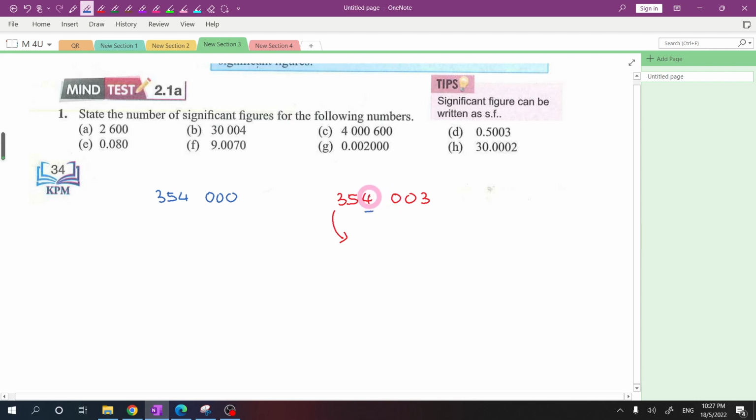This should be no problem, right? You learned it in primary school. Since this is 0, we don't have to add 1 here. The answer will become 354000. The level of accuracy is to the nearest thousand.